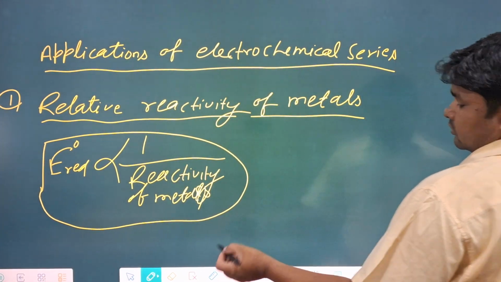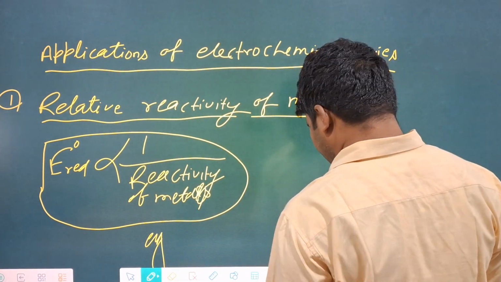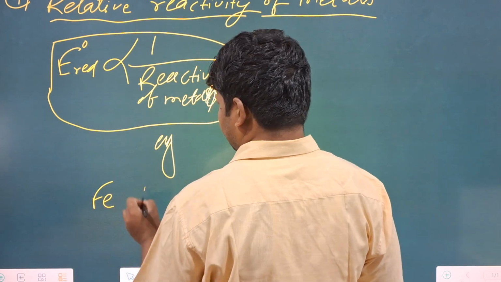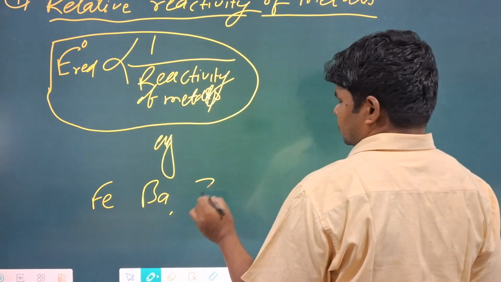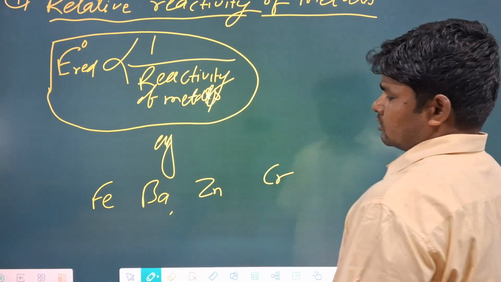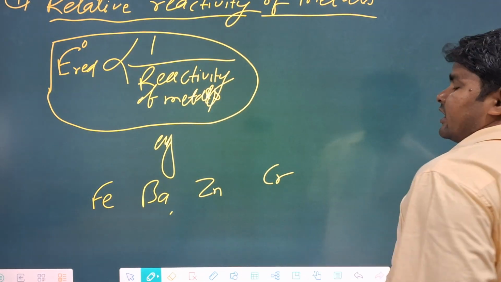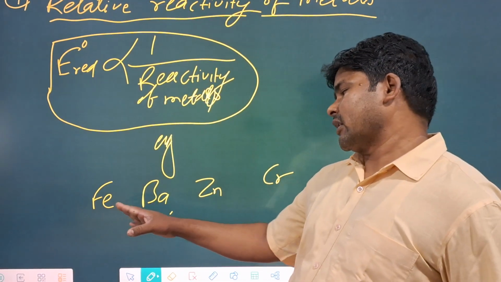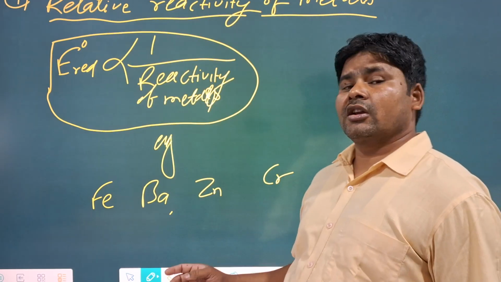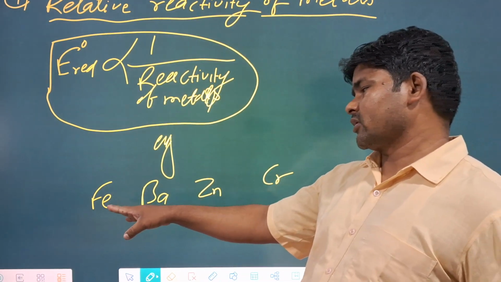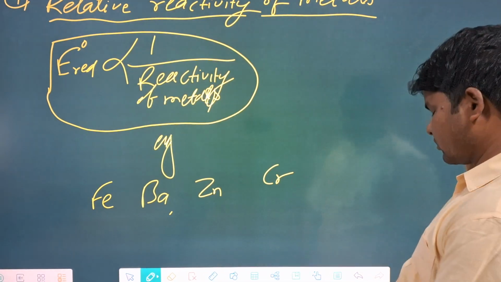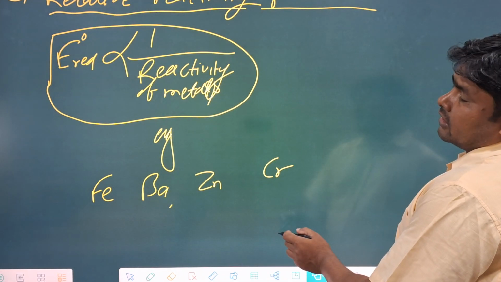For example, if four metals are given, iron, barium, zinc and chromium, then the question arises which one of the following metals is most reactive, or least reactive, or arrange the given metals in the order of increasing or decreasing reactivity. Many types of questions can arise from given data.